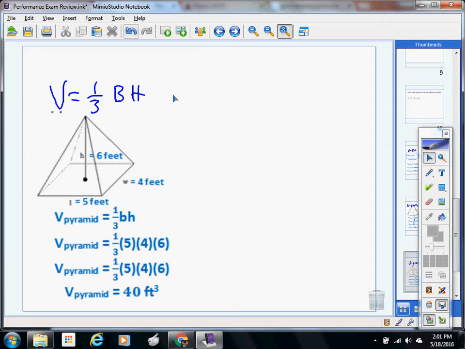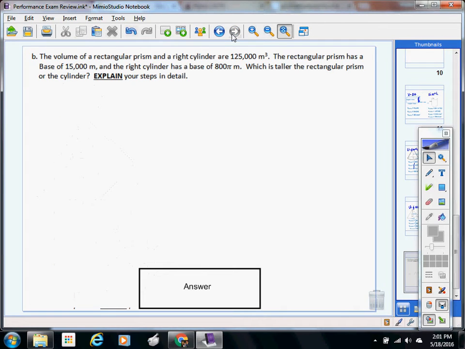Okay, that leads us to this question. Now, this question is a pretty cool question, guys, and it's very similar to, I don't know if you remember back to the milestone review that we did, but it was a problem that asked us to compare 2 objects, a cone, 1/3 base times height, and a cylinder.